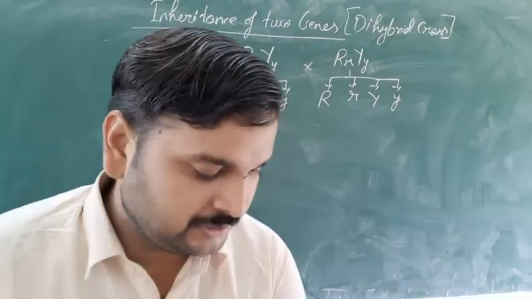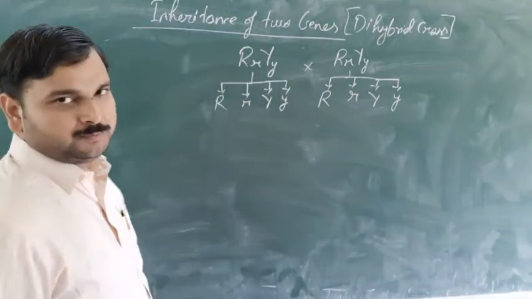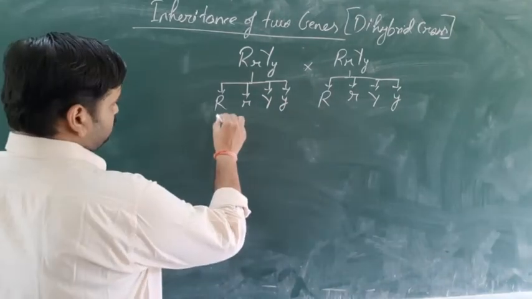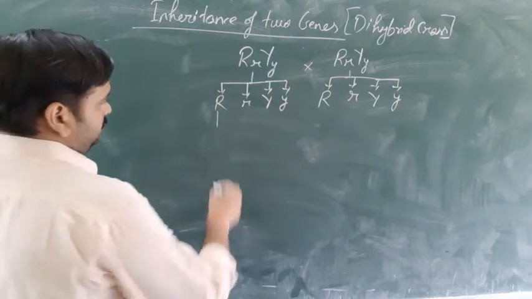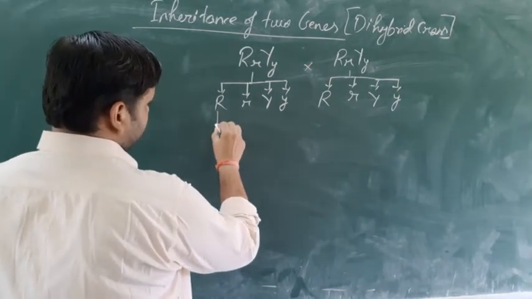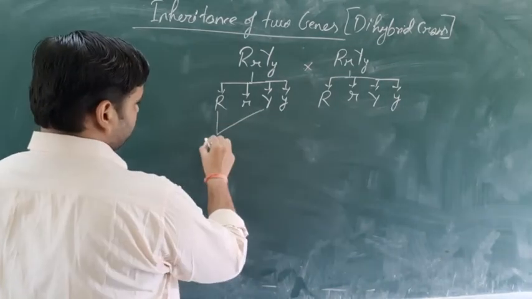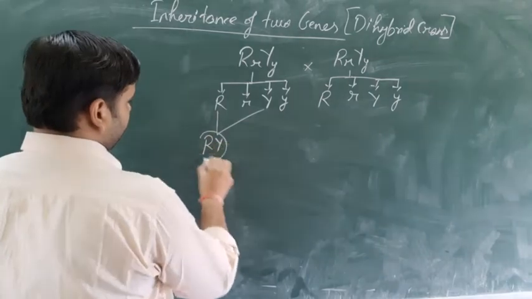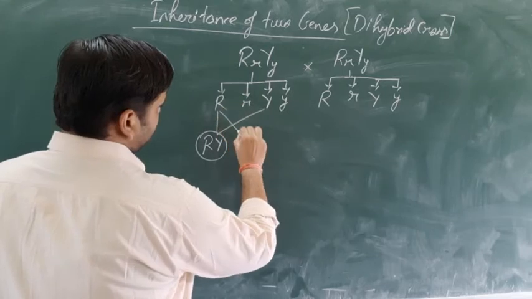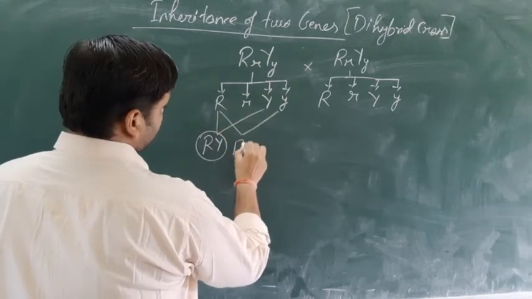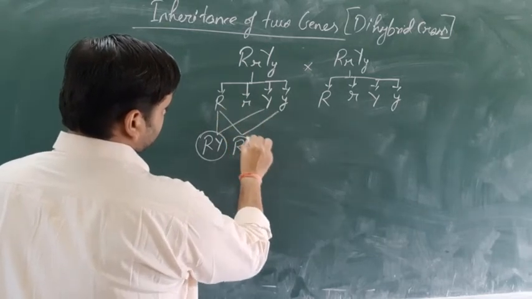After separating, you have to make the possible gametes. So first you choose this capital R. One possibility is that this capital R can be with capital Y. So capital R, capital Y. Another possibility is that this capital R can be with small y. So capital R, small y.